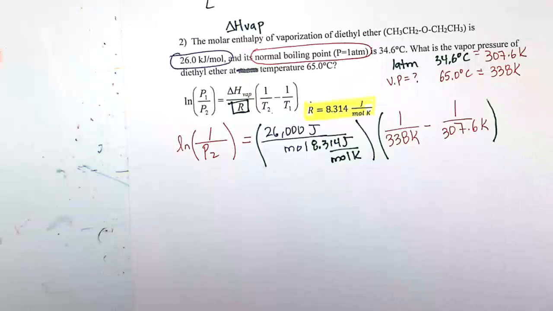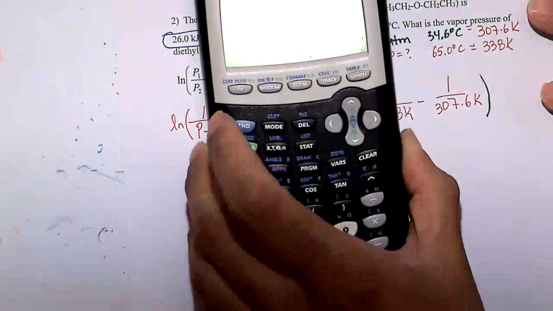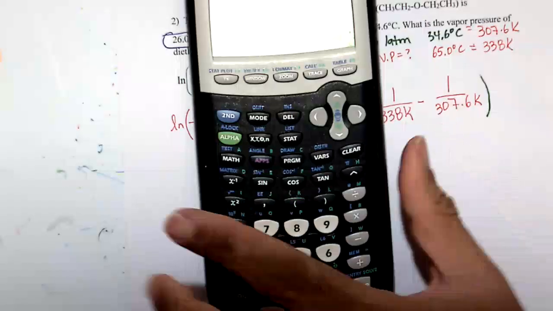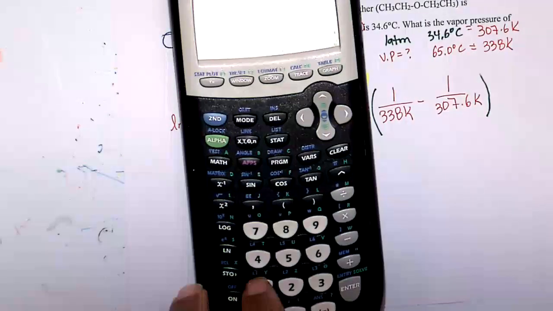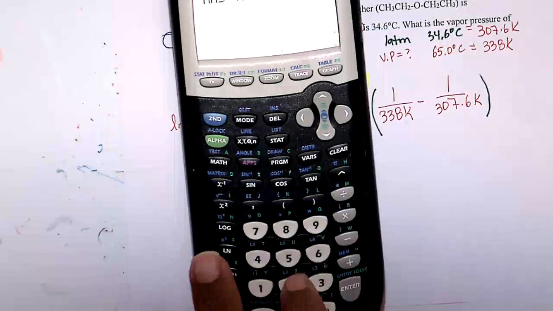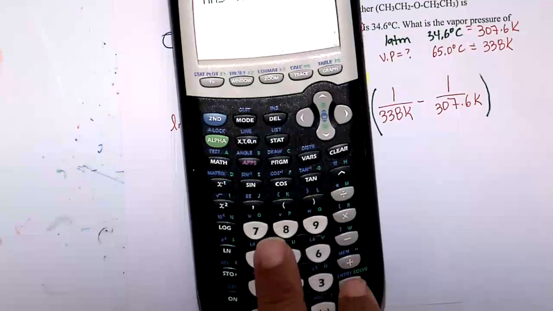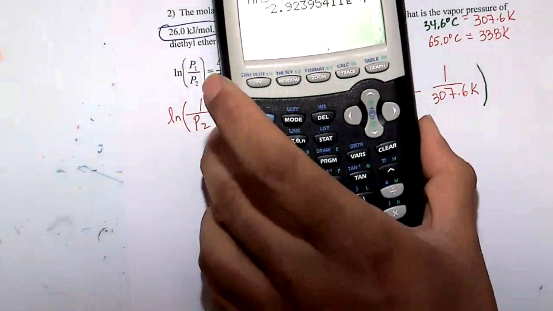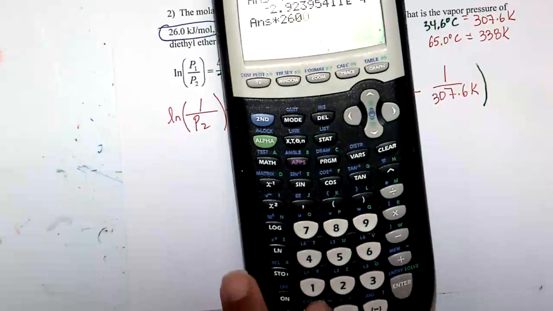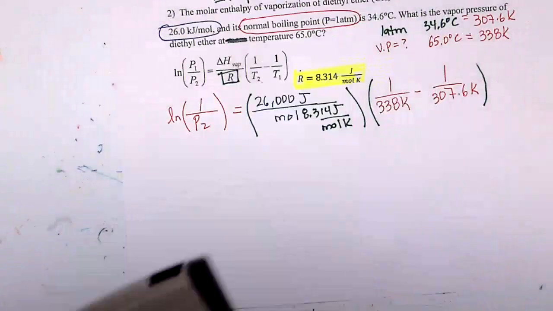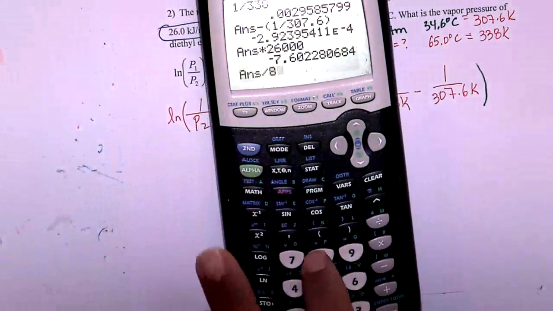All right, everybody ready? See if we get the same answer on our calculator. First I'm going to do the fraction: 1 over 338 minus 1 divided by 307.6, times 26,000, divided by 8.314.